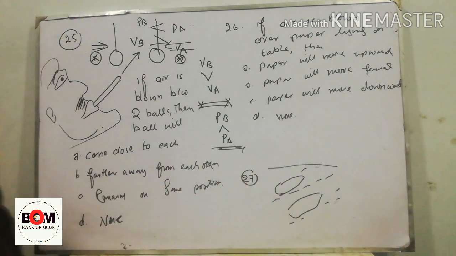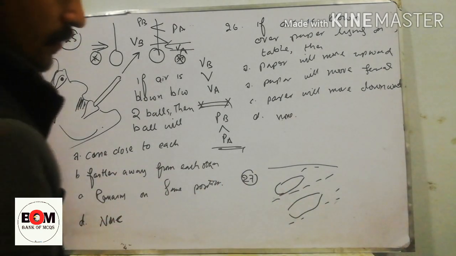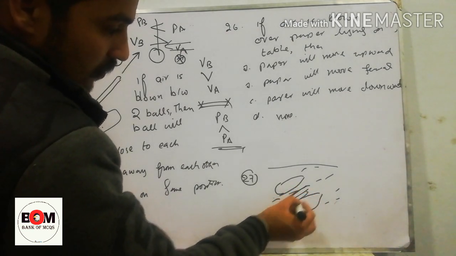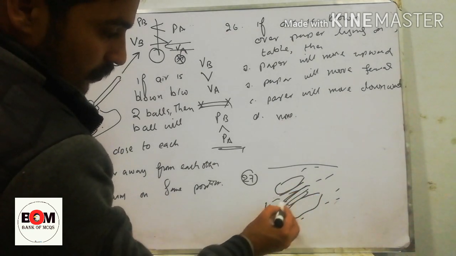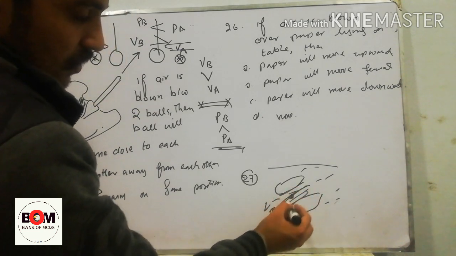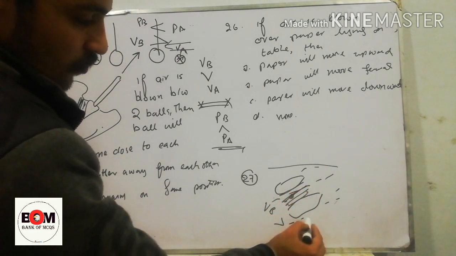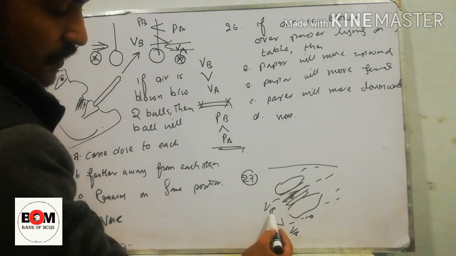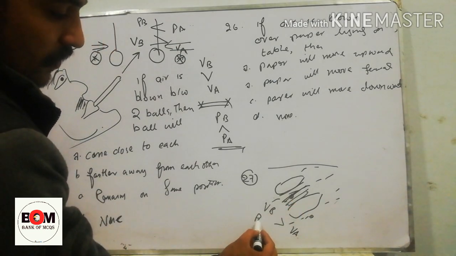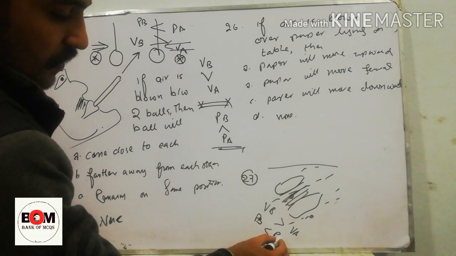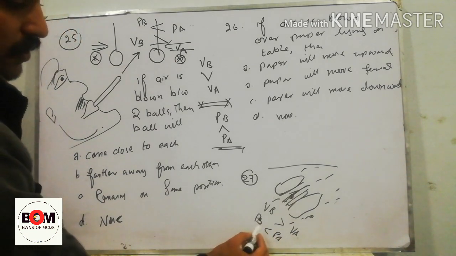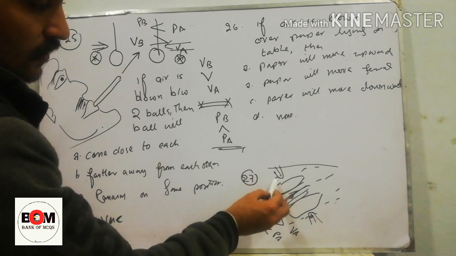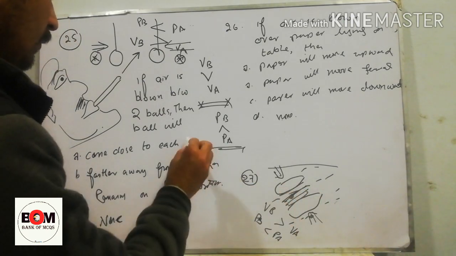If boats are moving, the water in between them, at point B, is also moving with the boats. So the velocity at point B will be more than the velocity at point A. The pressure at point B will be less than at point A due to the Bernoulli equation. As the pressure is more at A, they will attract each other.